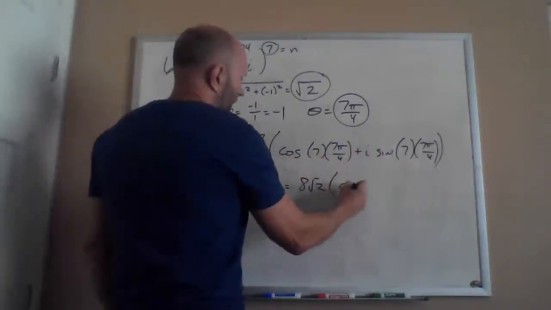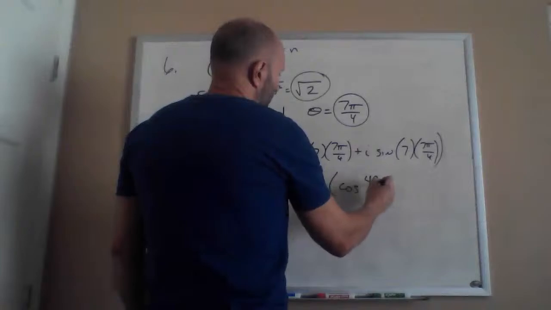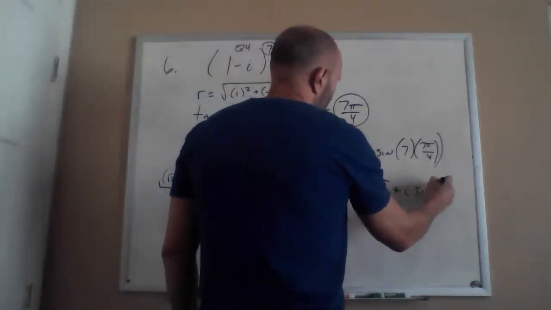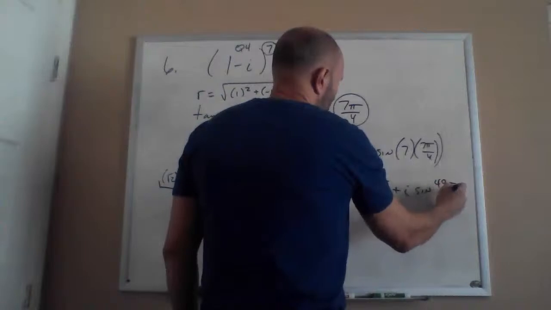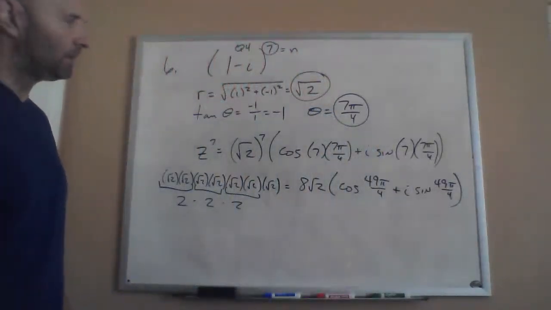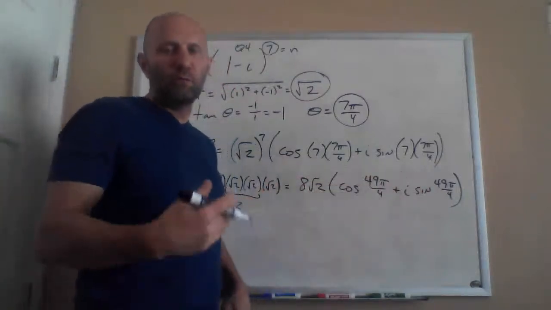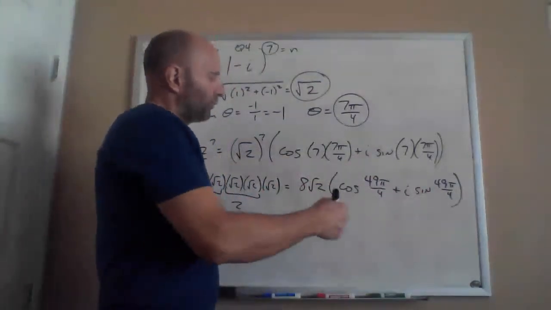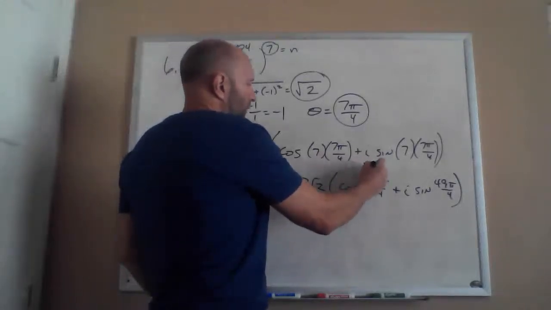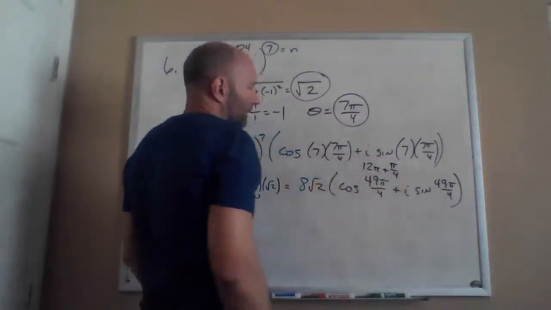So this is cosine of 7 times 7 pi over 4, which is 49 pi over 4. So again, we don't want these values of theta to be bigger than 2 pi. So simplify this down. 49 divided by 4 is 12. That's 48, so I have 1 left over.